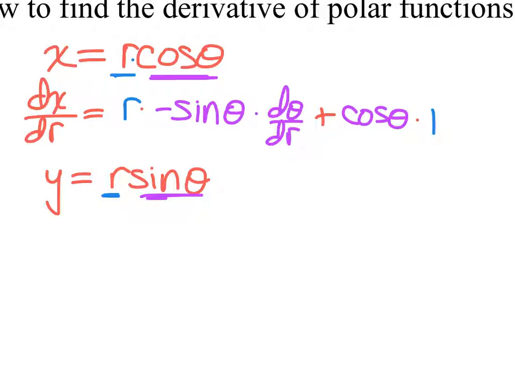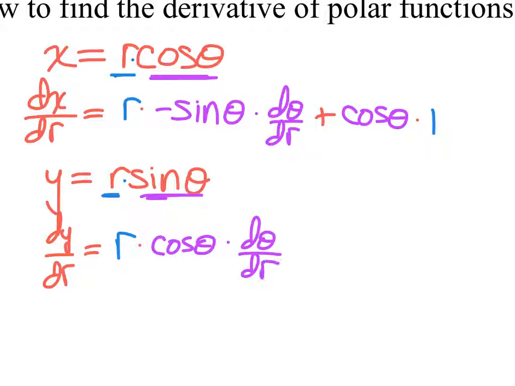So dy dr, first function, r, multiplied by the derivative of the second, cosine theta, but because we're taking the derivative of a variable that does not involve r, I need to differentiate the theta with respect to r, plus the second function, sine theta, times the derivative of the first function, which again is just a 1, because dr equals 1.